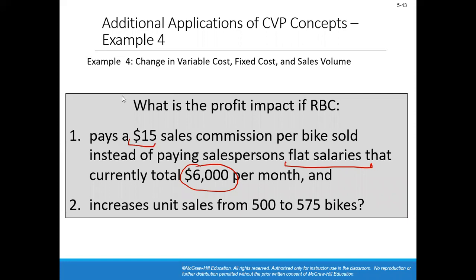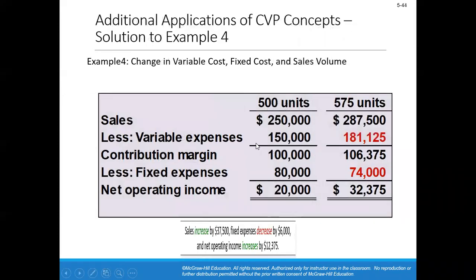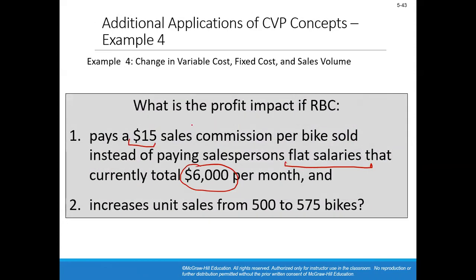In that case, will there be any changes in the contribution margin? Yes, there will be changes in contribution margin. And fixed cost is expected to go down by 6,000. But in the same case, we are expecting that this will encourage the salesperson to increase sales, or to be satisfied with the same unit of sales?